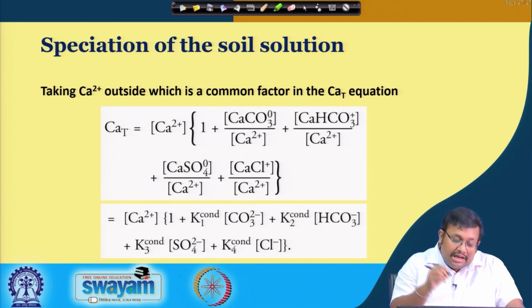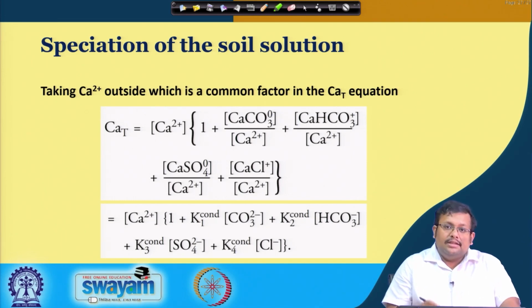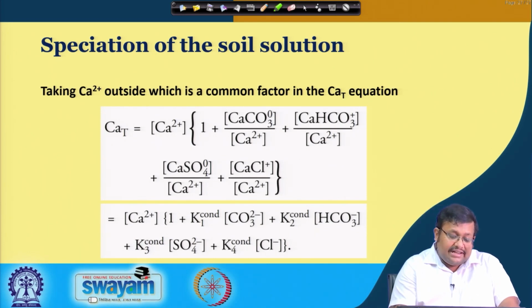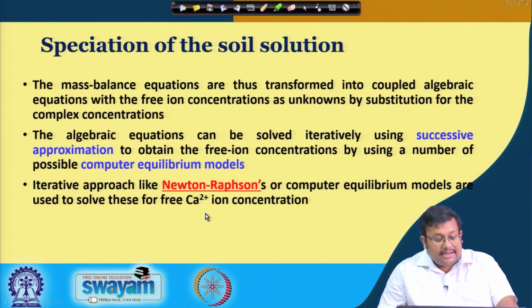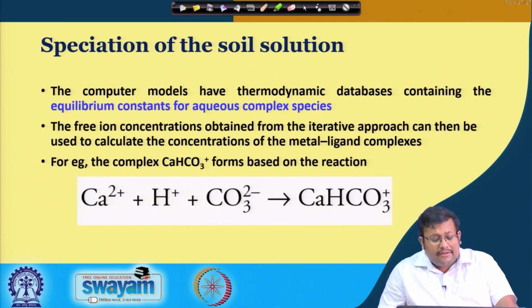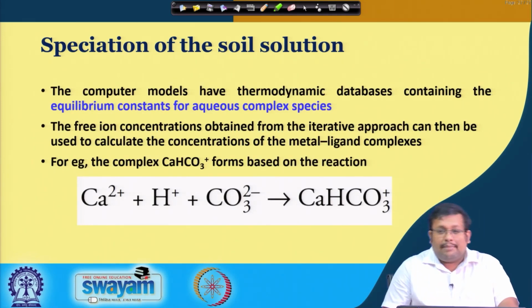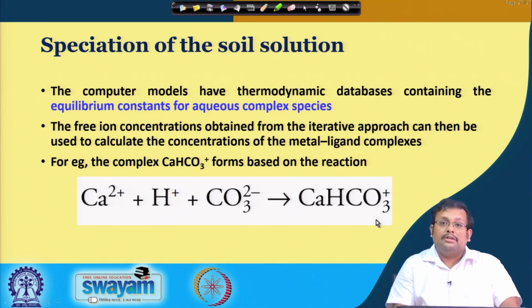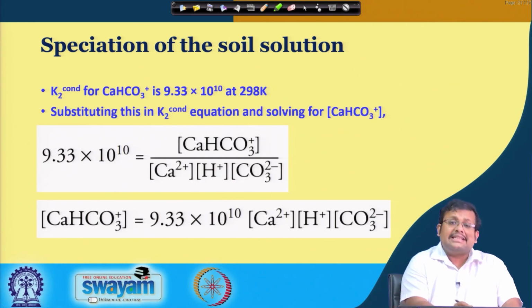Now, we want to calculate this total relationship by inputting the values of these conditional stability constants. There are several computer models which have a database of these constants. So, I was giving you an example using one particular complex. Let us consider calcium bicarbonate: calcium plus H plus carbonate forms calcium bicarbonate.